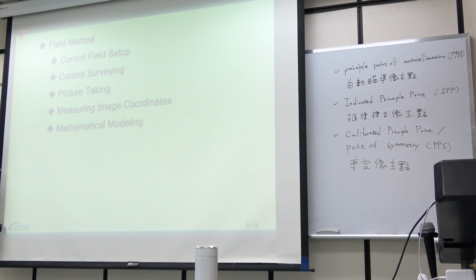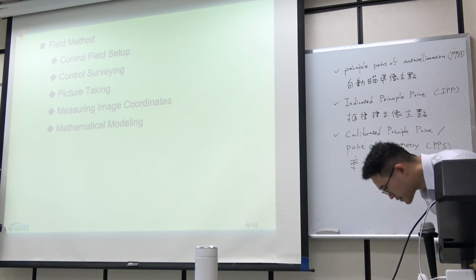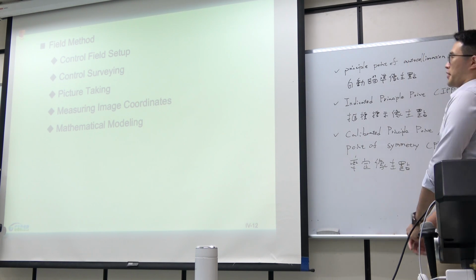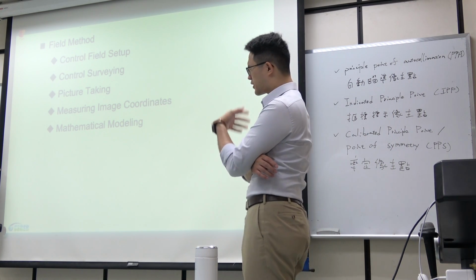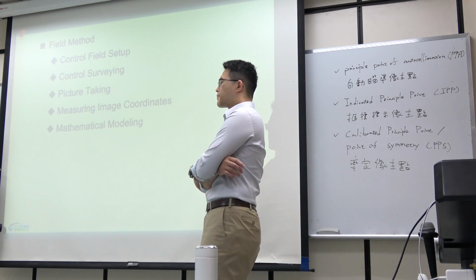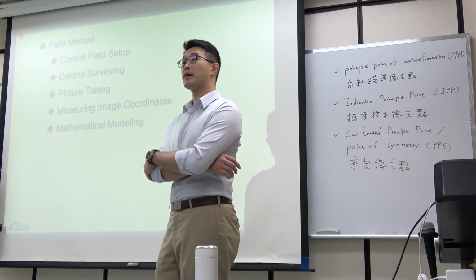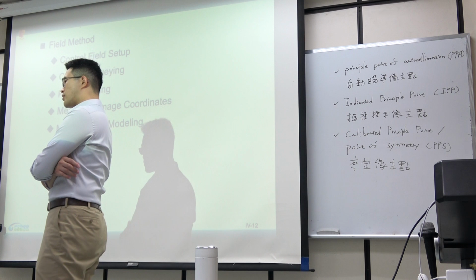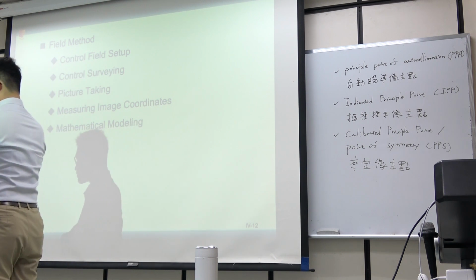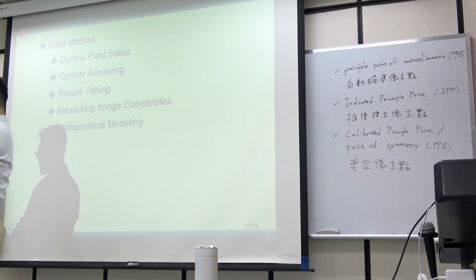Alright, so let's talk about the field method. But first, let's review the process of the laboratory method. In order to understand the camera's lens distortion behavior, you need an ideal answer.